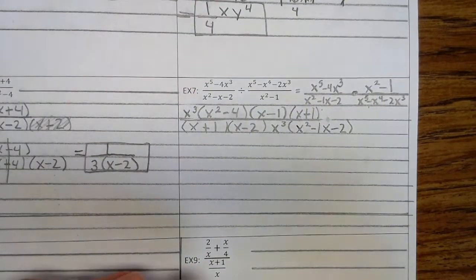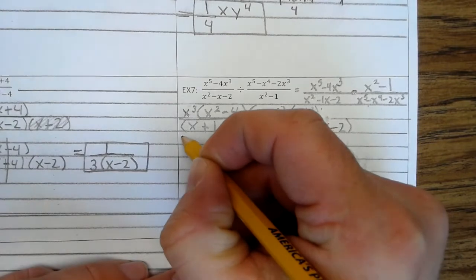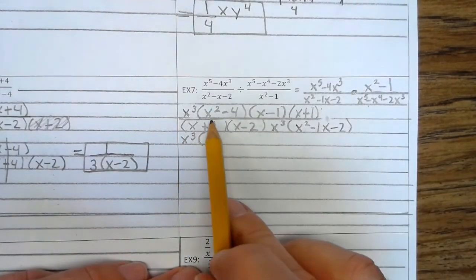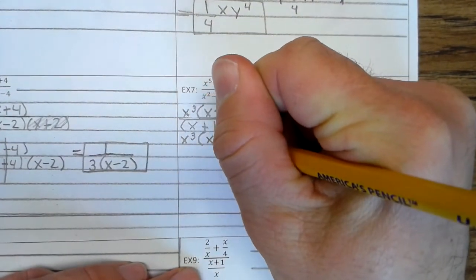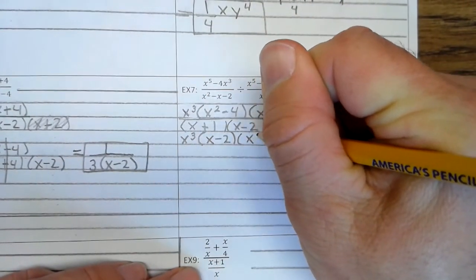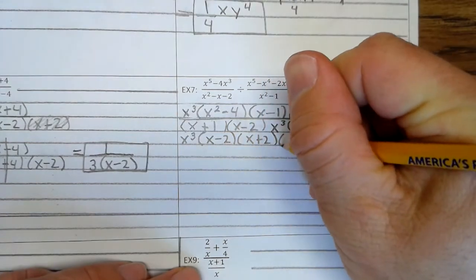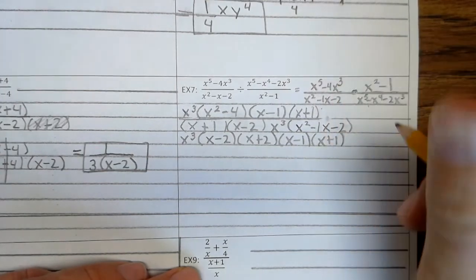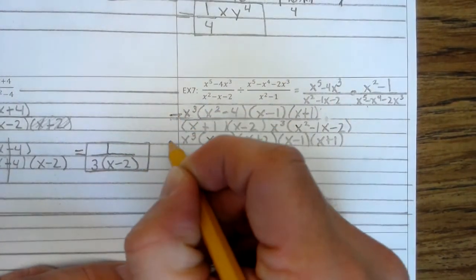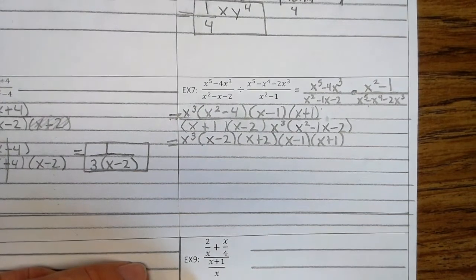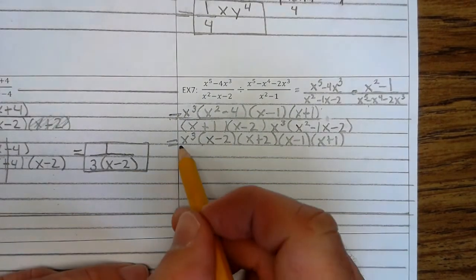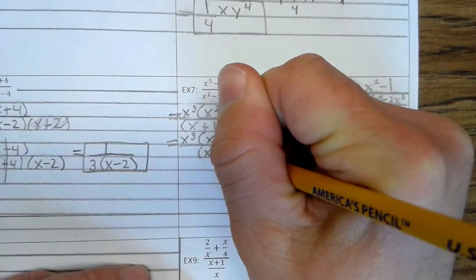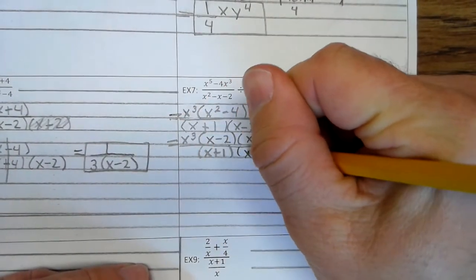Now we're going to start trying to line things up. X cubed. Now, that's a difference of squares as well, and that becomes x minus 2, x plus 2 times x minus 1 times x plus 1, divided by x plus 1 times x minus 2.